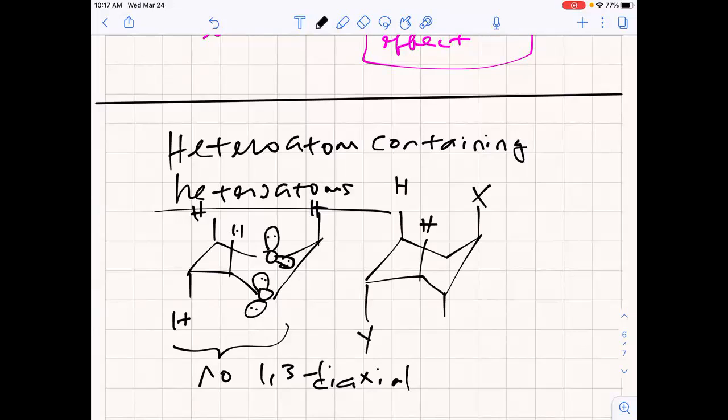We put a group down here, you got 1,3 diaxial interactions on both faces, top and bottom. But with something like dioxane, you can alleviate that with those oxygens being in the ring. And that's what we mean by a heteroatom: something other than carbon, like oxygen, nitrogen, sulfur, something like that.